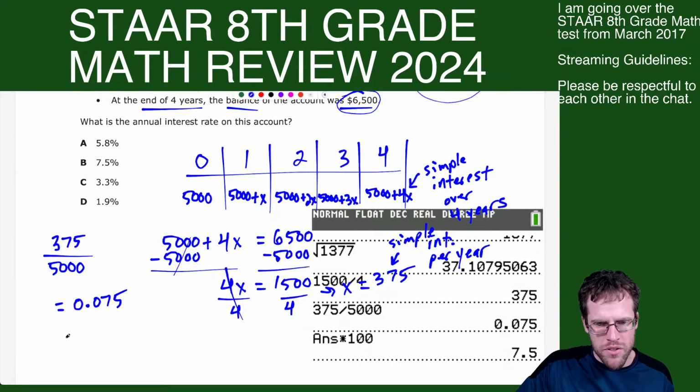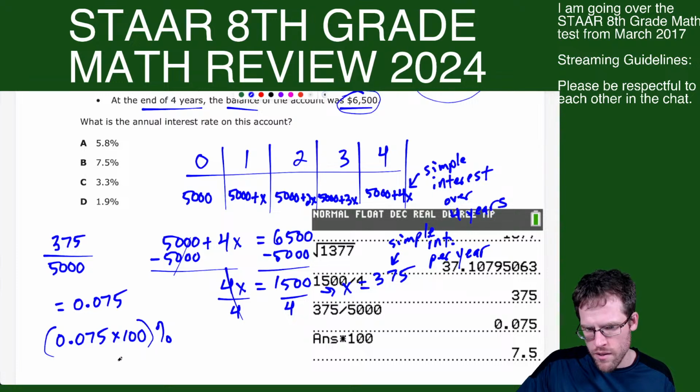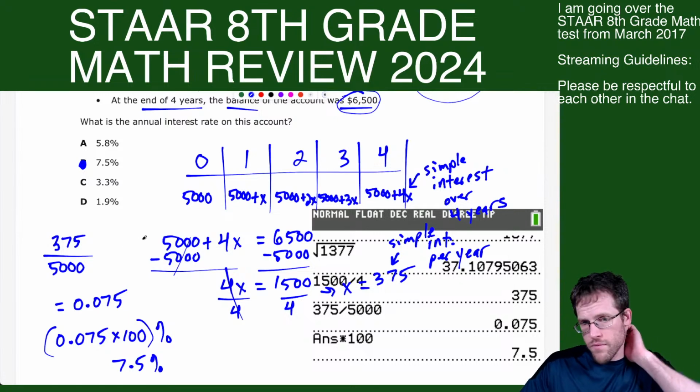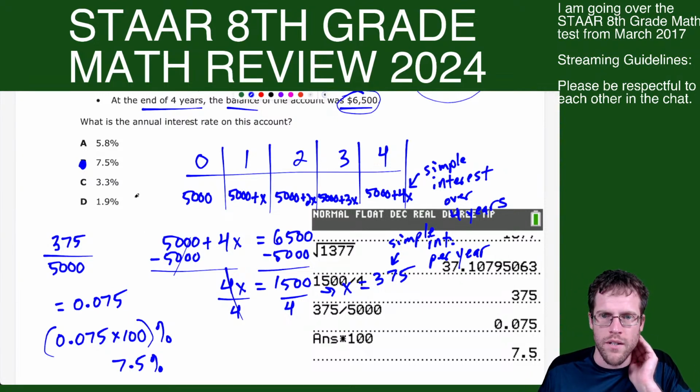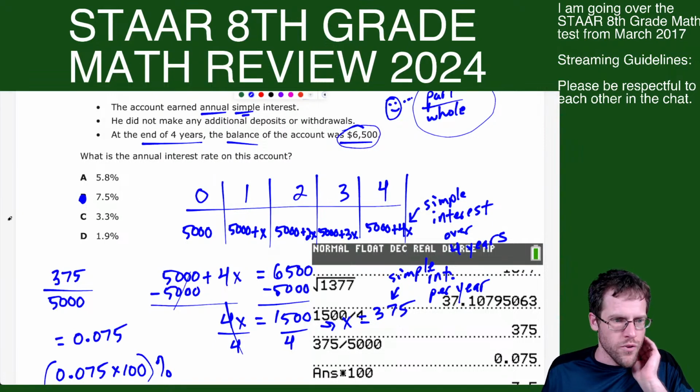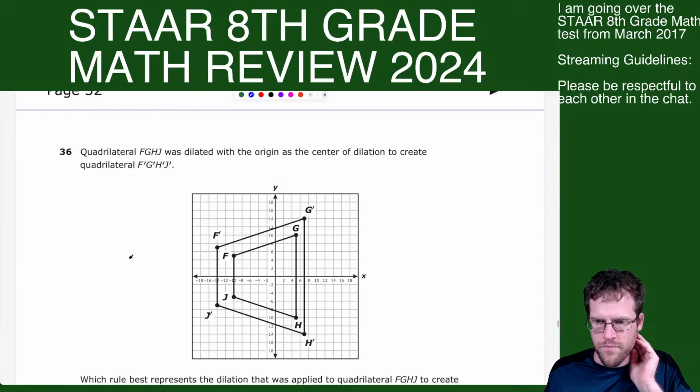But then as a percent, we have 0.075 times 100. And this will express our decimal as a percent. And this gives us 7.5%. That is a really nice interest rate. That's really high. So choice B is the one. Cool. 35 is, yep, just double checking that it's B.